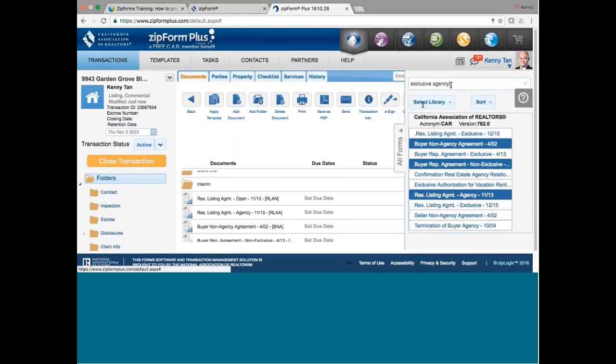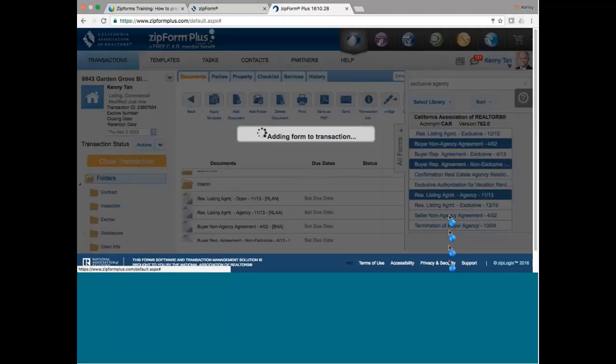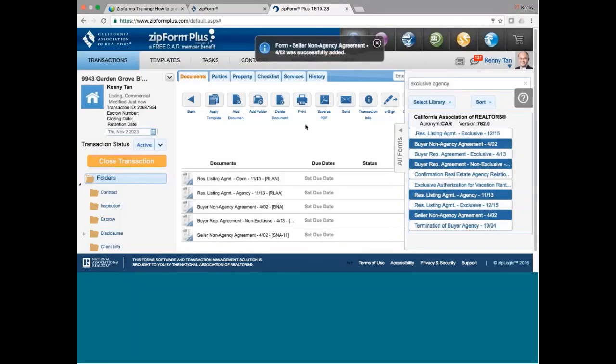And you can also have seller non-agency agreement. For example, you represent a buyer who's interested in a property that is not on the market. So you contacted the property owner. You got the property owner's contact information through the public channel, and you're asking the seller, the owner, whether they want to sell it.